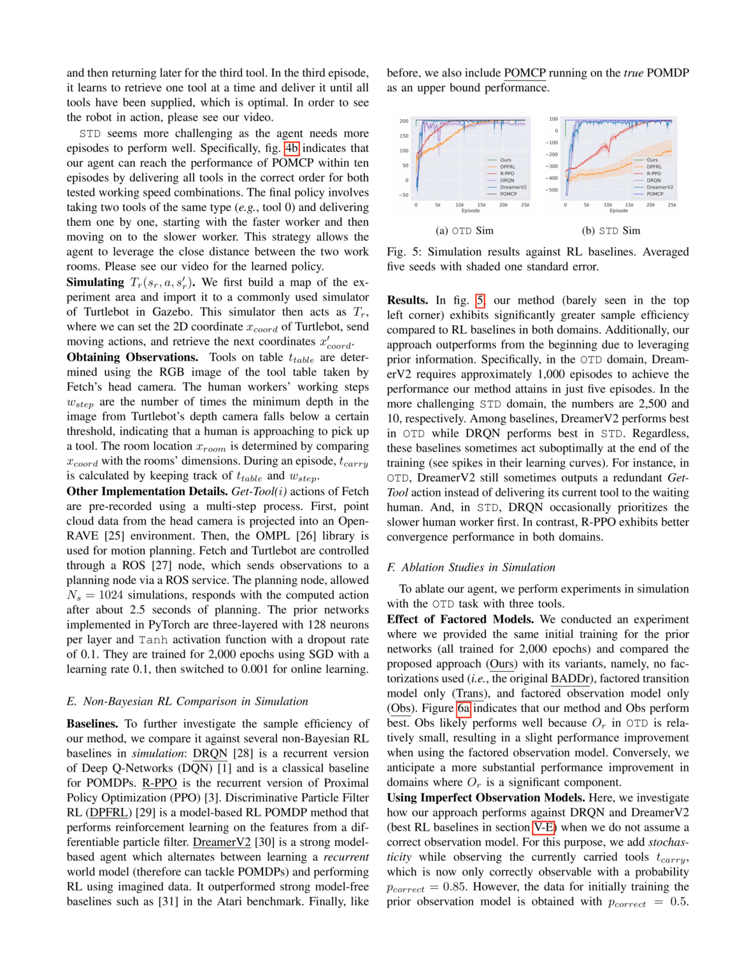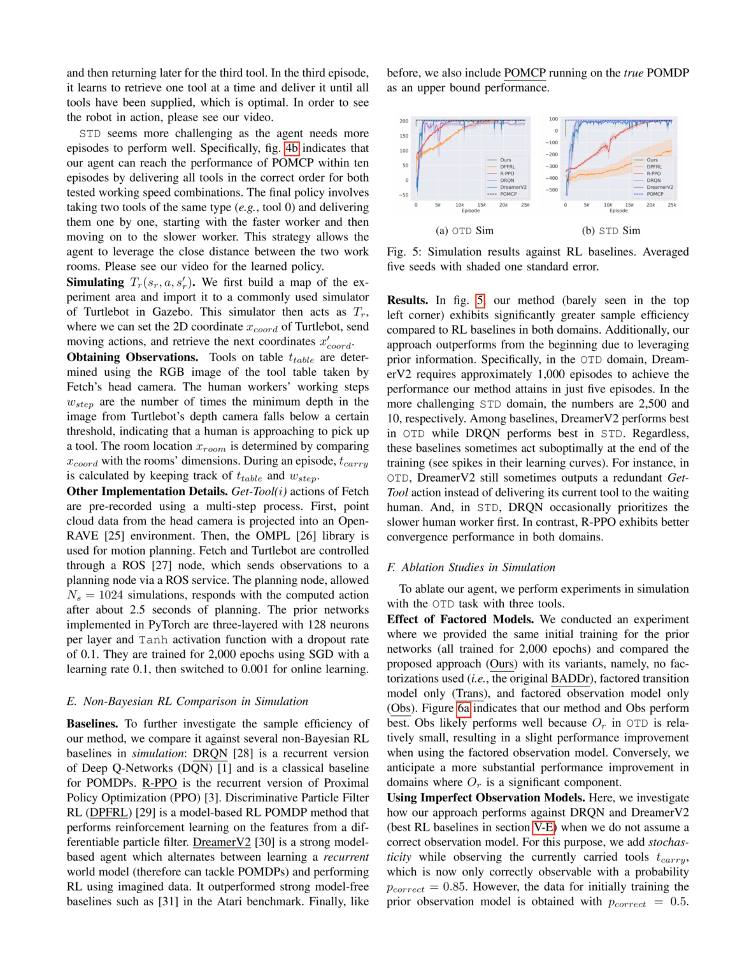Specifically, in the OTD domain, Dreamer v2 requires approximately 1,000 episodes to achieve the performance our method attains in just 5 episodes. In the more challenging STD domain, the numbers are 2,500 and 10 respectively. Among baselines, Dreamer v2 performs best in OTD while DRQN performs best in STD.